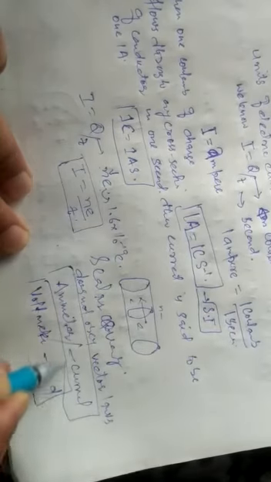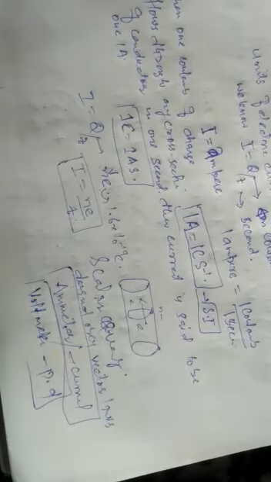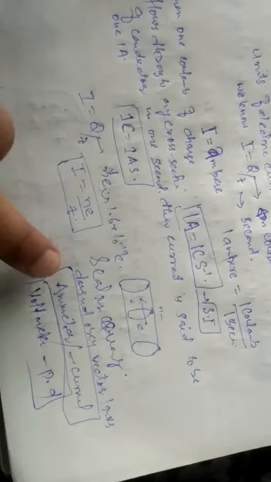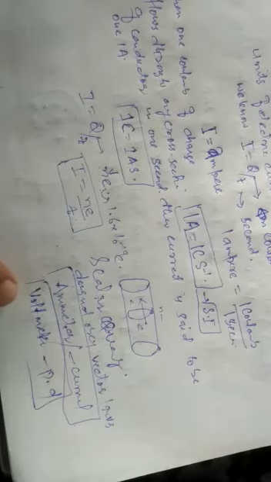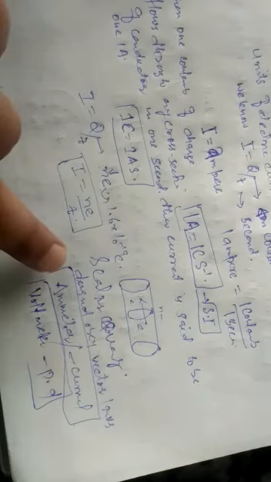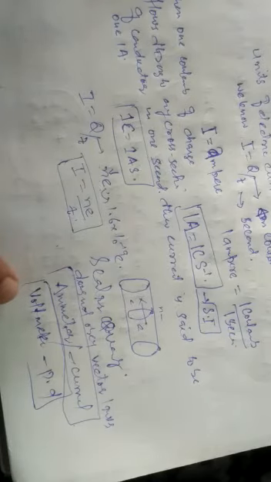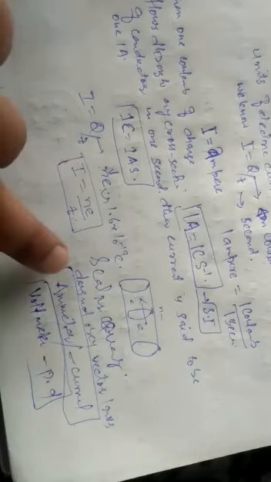You have to remember these two things. The voltmeter is always connected in parallel to a circuit, and the ammeter is always connected in series to a circuit. They have positive and negative terminals.